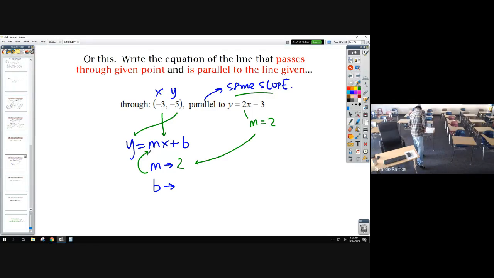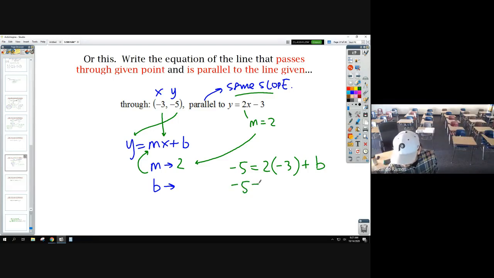So that's y, -5, equal to the slope, 2, times the x, -3, plus b, what we're trying to figure out here. All right?